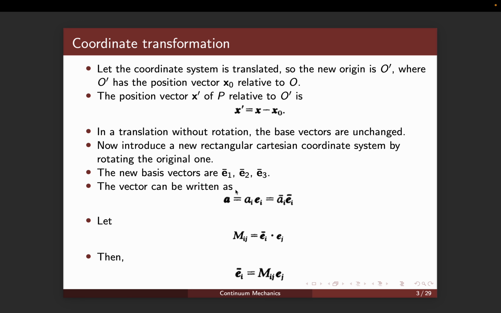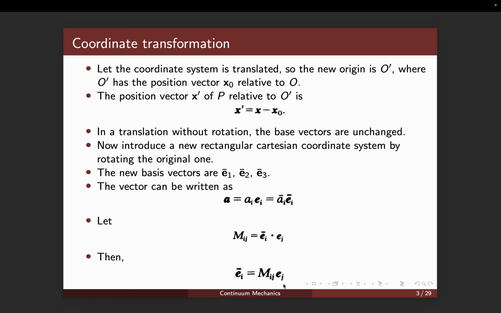Both coordinate systems have different basis vectors, E1, E2, E3 for the original and E1 bar, E2 bar, E3 bar for the new coordinate system. We now construct a matrix by taking the dot product of the basis vectors of the two coordinate systems. This matrix relates the basis vectors from one coordinate system to the other.